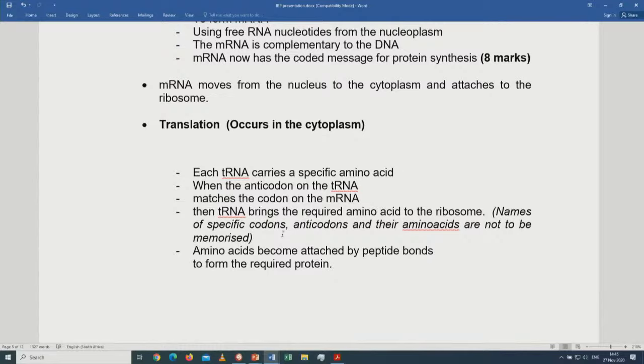It's very important in this part of translation that you don't confuse the anticodon that we find on the tRNA molecule and the codon that we find in mRNA. We know that anticodons are triplets of nitrogenous bases that are found on tRNA, and codons are triplets of nitrogenous bases that we find in mRNA.